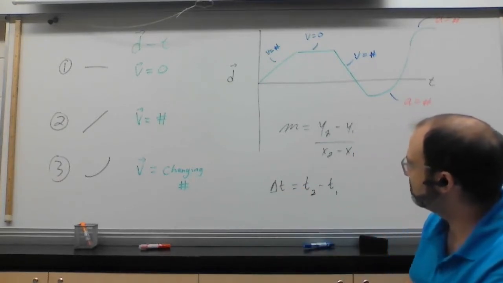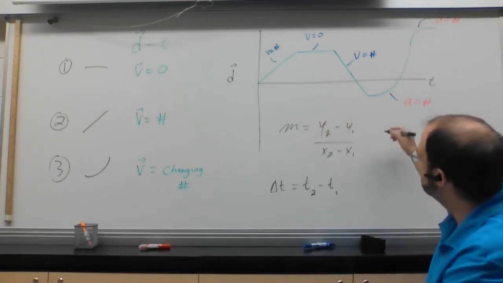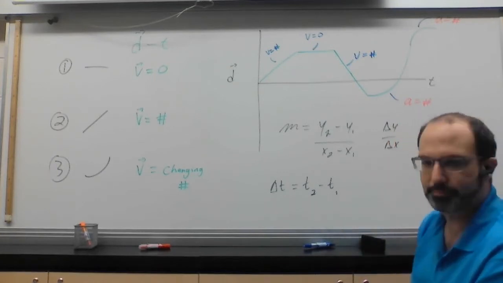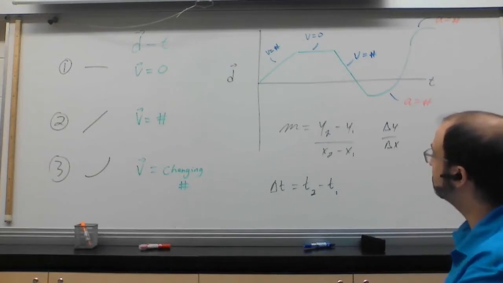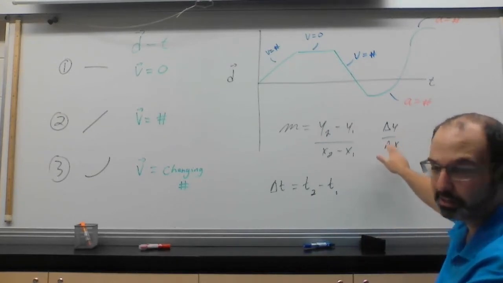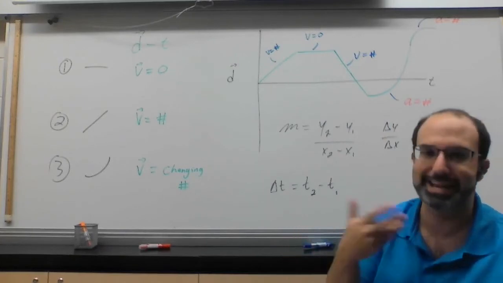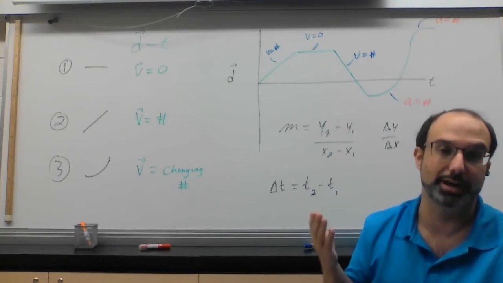We could actually rewrite y2 minus y1 over x2 minus x1 into delta y over delta x. Now this is significant for two reasons. Because first of all, it's less to write down, and second of all, remember the triangle is pronounced delta, or if you want to say it, you could say delta y, but you can also say change in y.